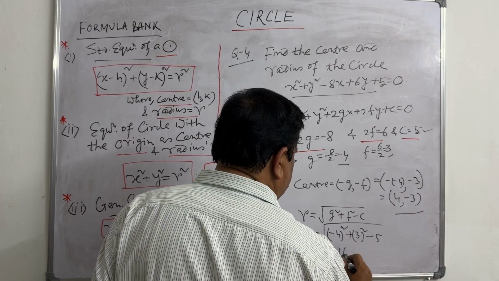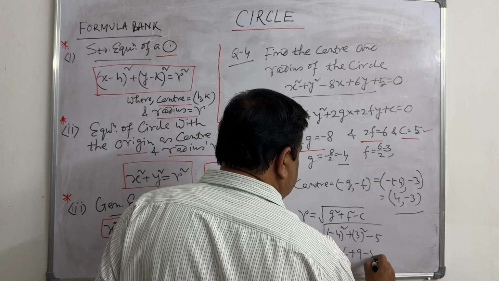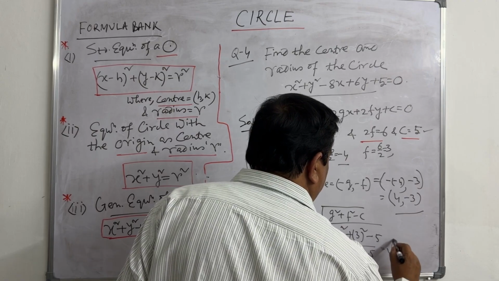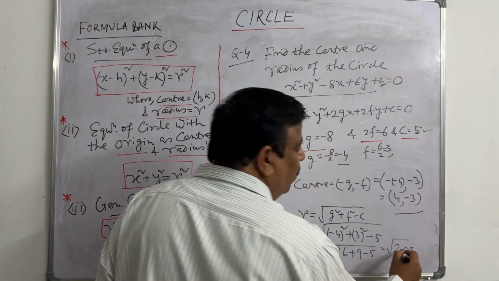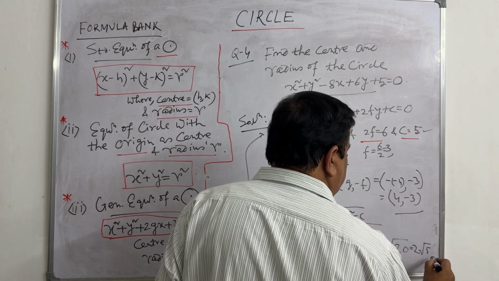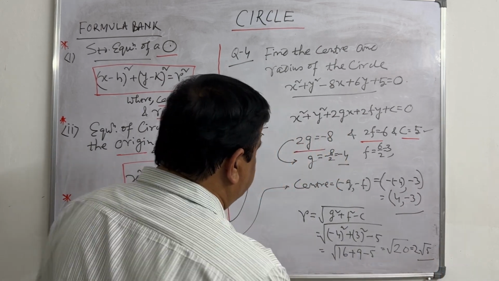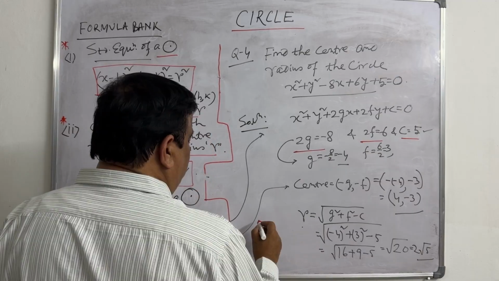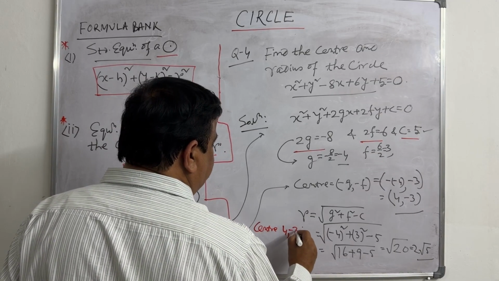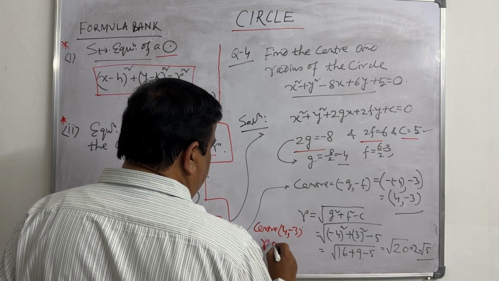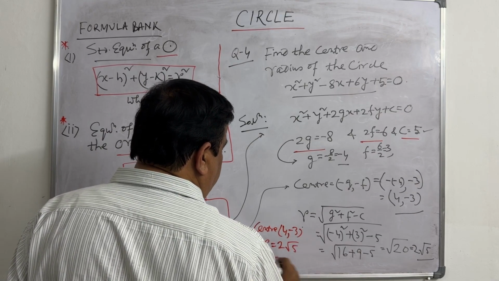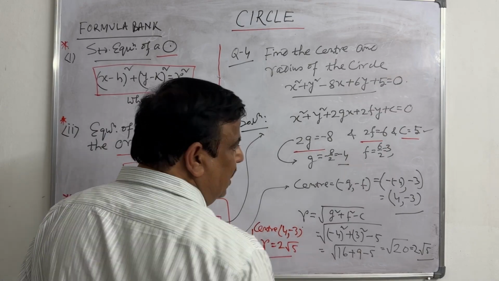So 16 plus 9 minus 5, the square root of 20, that is equal to the square root of 4 into 5, that is 2 root 5. So this is the radius. So what is the answer? The center is (4, minus 3) and the radius is 2 root 5 units. Okay, this is the answer.